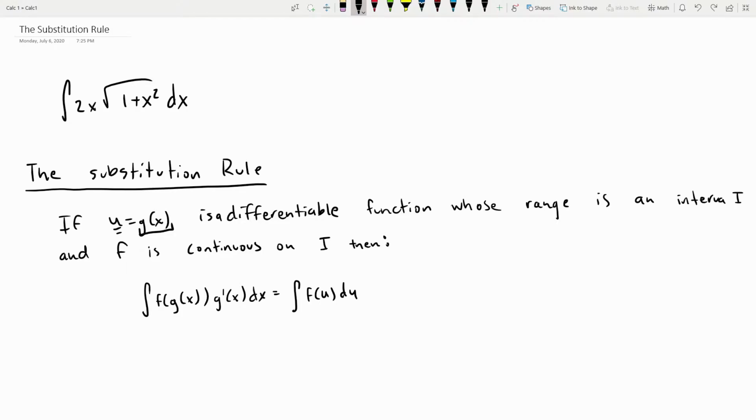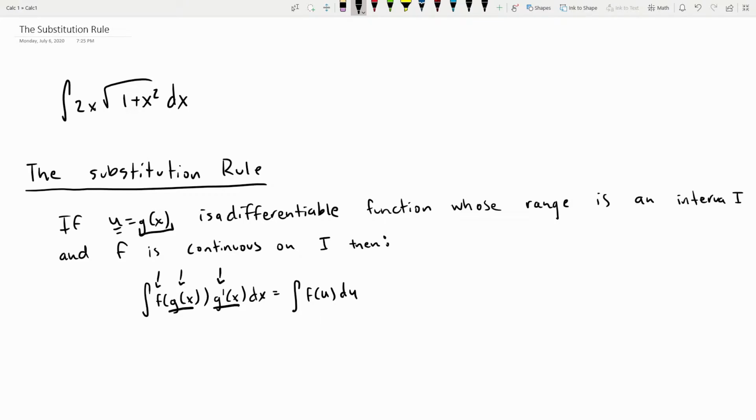Now here is the substitution rule. Essentially, if we have a function composed of another function, and then we see the inner function's derivative also on the outside of everything, then this is a perfect candidate for the substitution rule. In general, if we see that a function contains an inner function, and then it contains the derivative of that function outside somewhere, that's a good indicator to start applying the substitution rule, or at least give it a look.